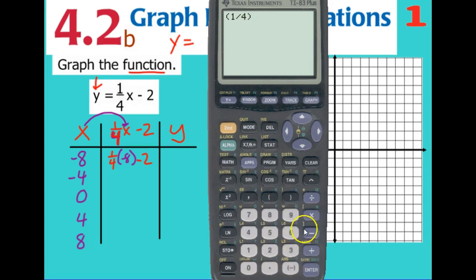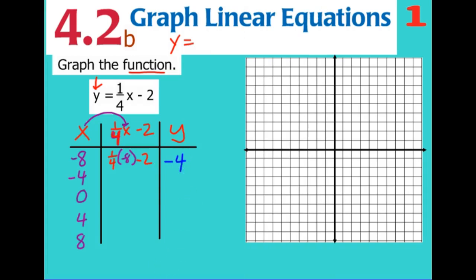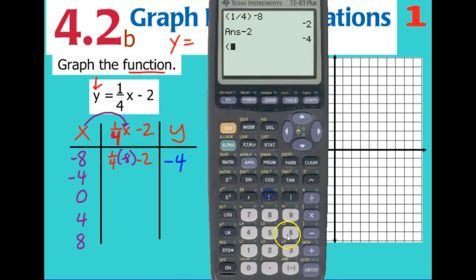And then we have times a negative 8. If you want to push enter, you can, but we need to again subtract 2. So we should have a negative 4. If you wanted to type that in all at once, you could put 1 divided by 4 times negative 8 and then minus 2. It gives you that all at once.